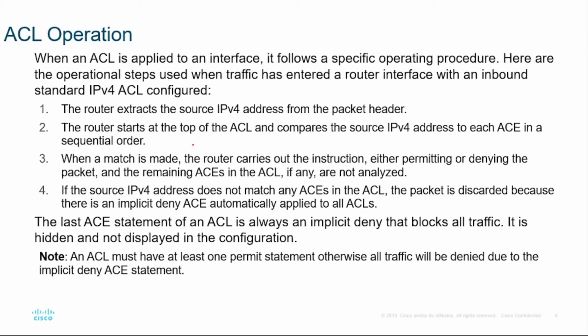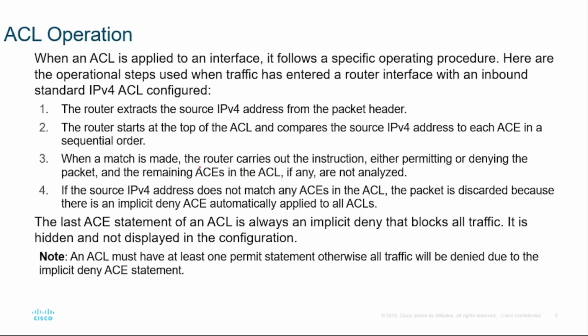And then the router starts at the top of the ACL and compares the source IP version 4 address to each ACE in sequential order. When a match is made, the router carries out the instruction, either permitting or denying the packet, and the remaining ACEs in the ACL, if any, are not analyzed.